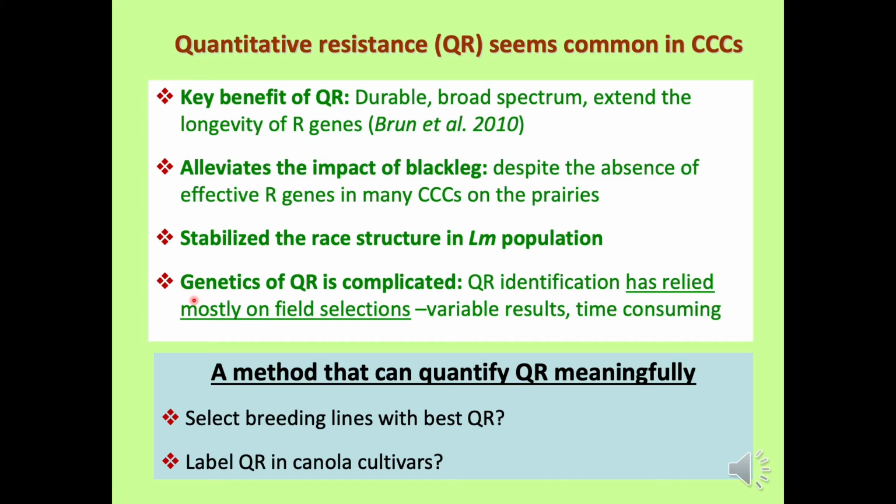If you have a lot of candidates to evaluate, that can be a very inefficient process. So we're looking at a potential new method in this study to be able to quantify QR more efficiently for selecting breeding lines with the best QR traits or label QR in canola varieties.